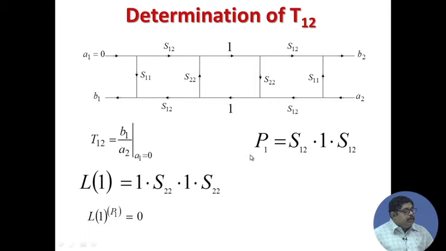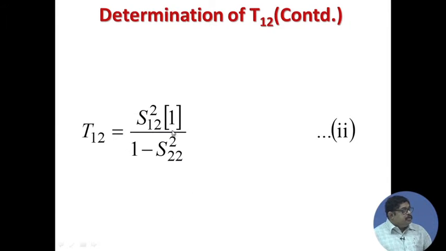So, there is no other path, only one path for coming from here to here. Is there any loop? Yes, that old loop, that value I know, but my path and this loop are touching. So, L1 P1 is 0, and obviously, there are no L2, L3, etc. So, we can put this value S12 square into 1 minus that L1 P1, that is 0. So, this we are calling the second equation.